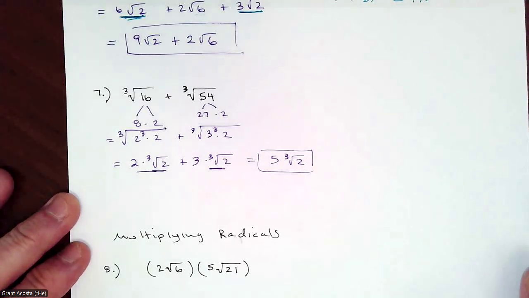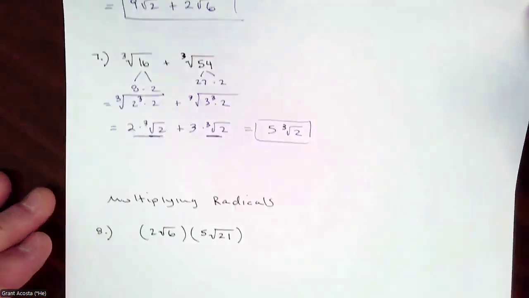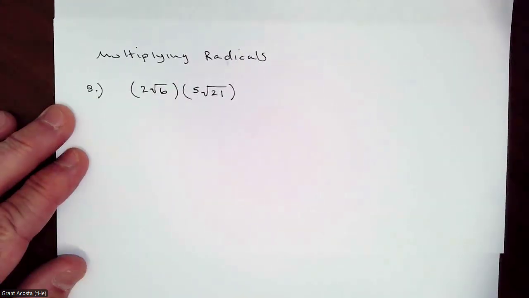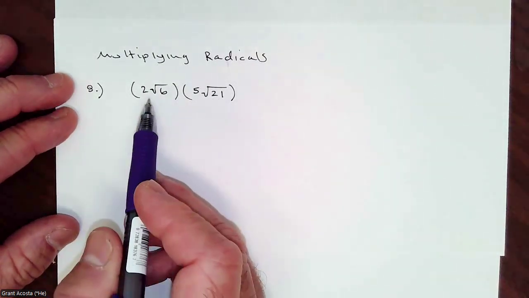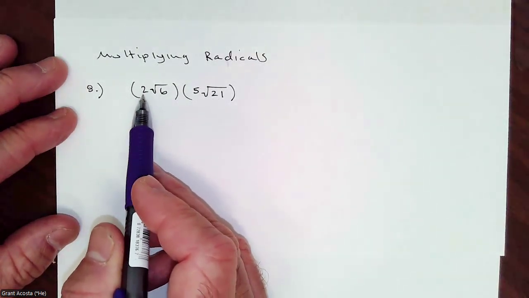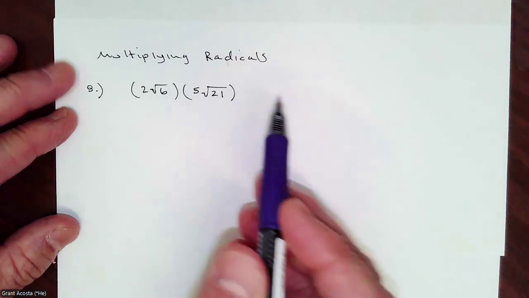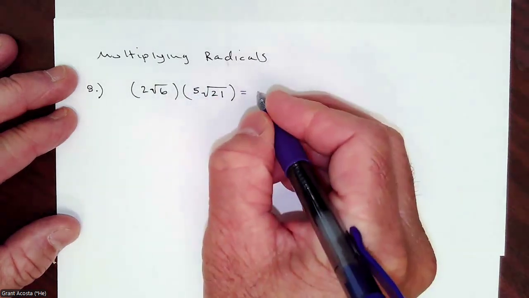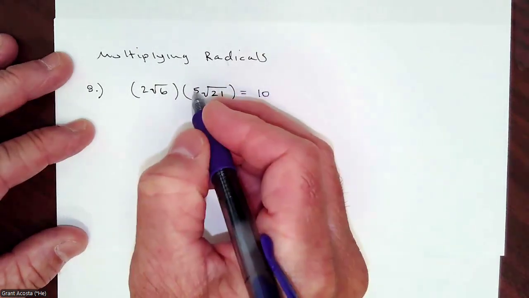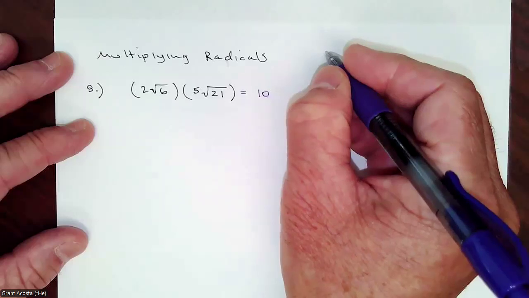So there's a good reason why it's good to simplify your radicals, especially if you're going to add radicals. Now, multiplying radicals. If I multiply 2 root 6 times 5 root 21, you can multiply the numbers on the outside, so that is 10. For the same reason, let me do this off to the side.